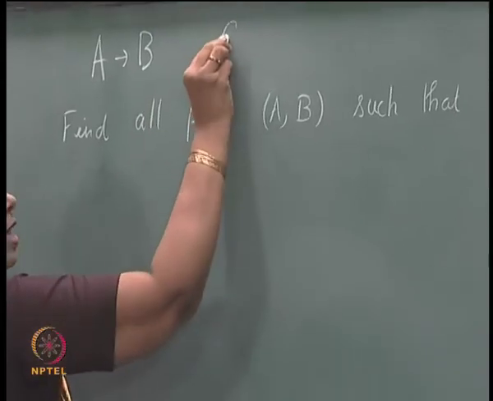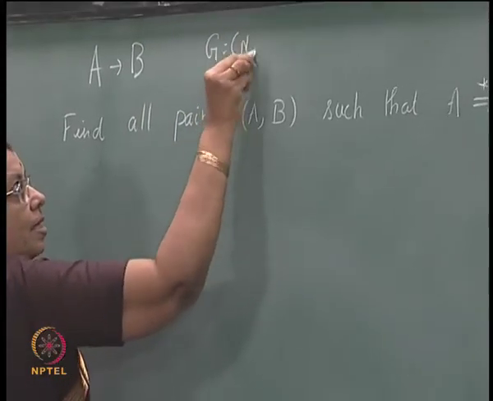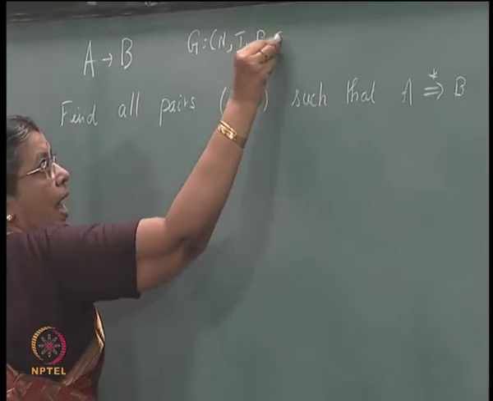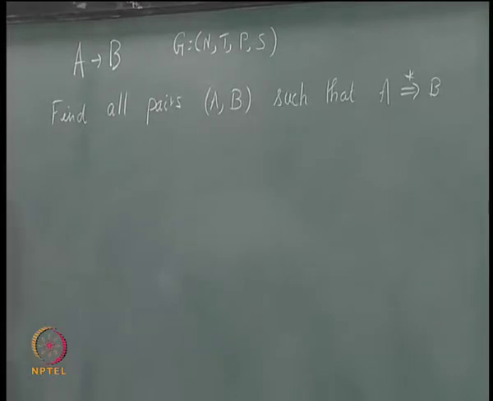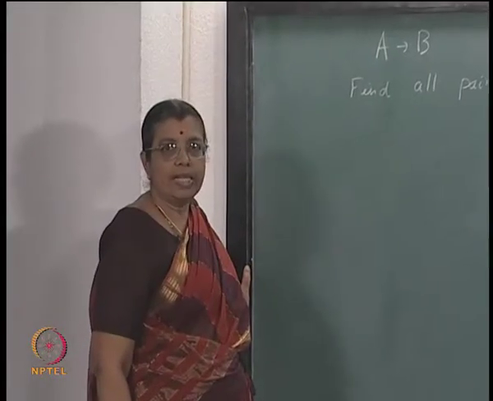That is, you are starting with the grammar G is equal to N, T, P, S, and in this grammar you want to remove the unit productions without affecting the language generated.